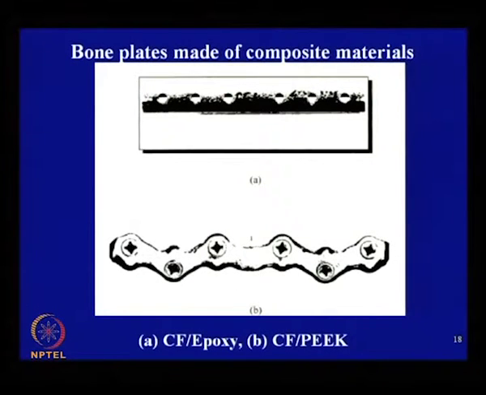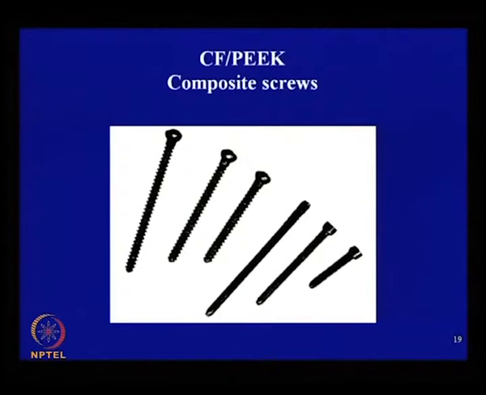These are various photographs of composites made from carbon fiber and epoxy, carbon fiber polyether ether ketone, you see, for joints, bone plates made of composite materials. These are commercially available today, high performance composites. Although these are used in aerospace, used in automobiles for structural items, here also those are used as bone materials.